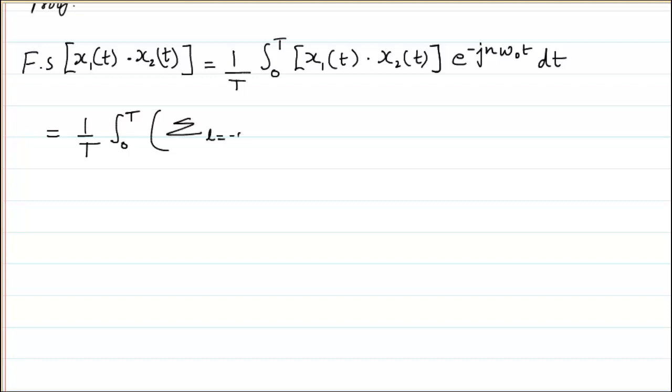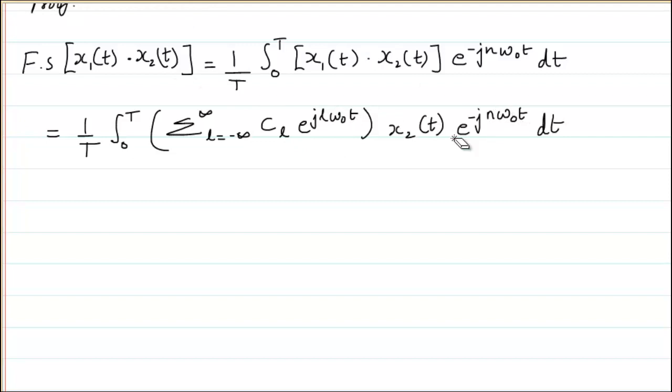Now instead of n I am going to write L, so L equals minus infinity to infinity, CL e raised to power j L omega naught t. So instead of n I have just used L, that's all. And then the remaining portion I will write as x2 of t multiplied by e raised to power minus j n omega naught t dt.